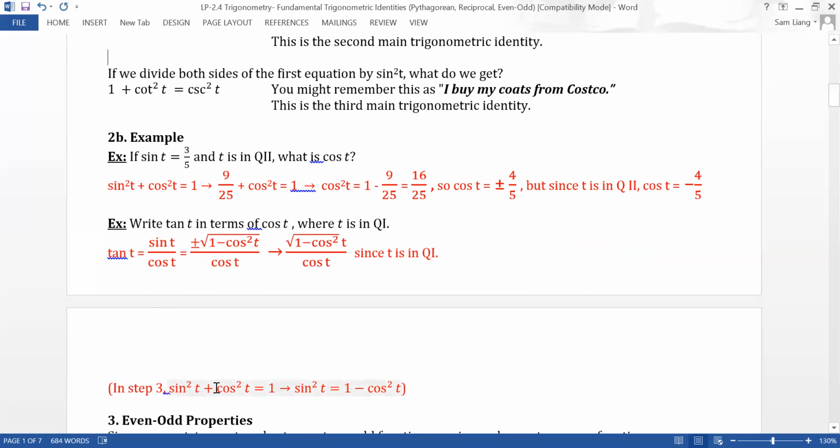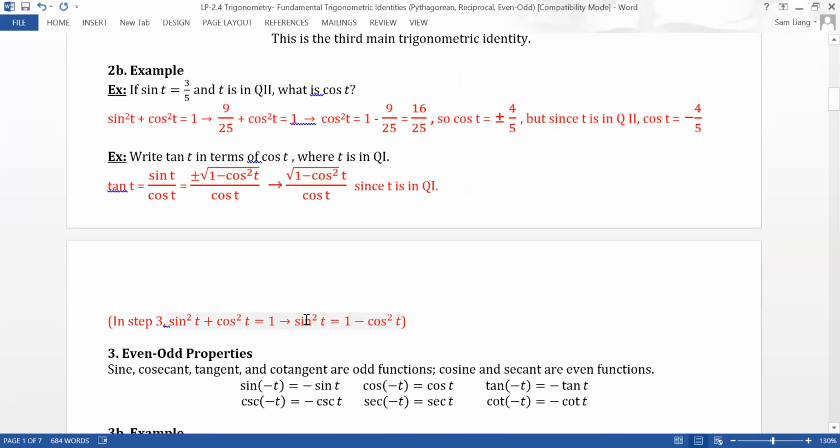Sine squared t plus cosine squared t is 1, and we can simplify that further by writing sine squared t equals 1 minus cosine squared t, so I just subtracted cosine squared t on both sides. Then taking the square root, we get sine t equals plus or minus the square root of 1 minus cosine squared t, which is what we get over here in the numerator.